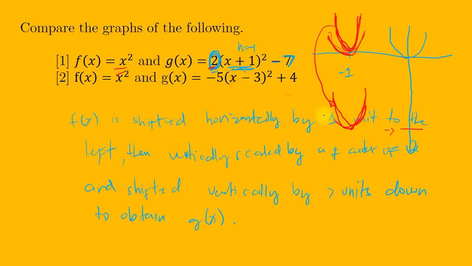It's not yet our final graph, alright? After it is being moved horizontally by 3 units to the right, it is being scaled vertically by a factor of 5, meaning this one becomes narrower a little bit.